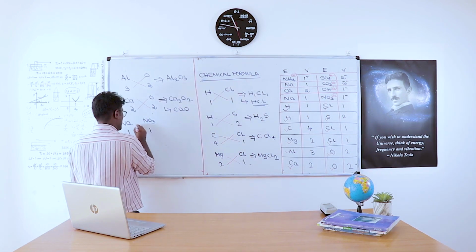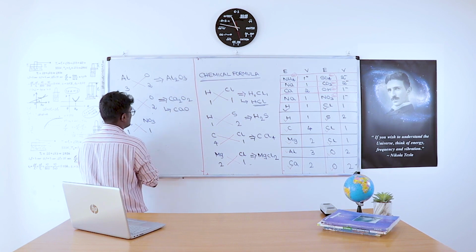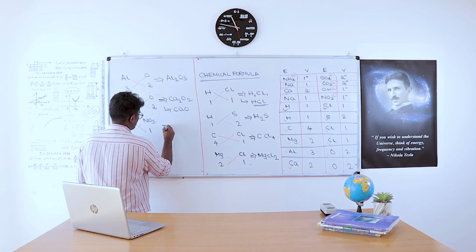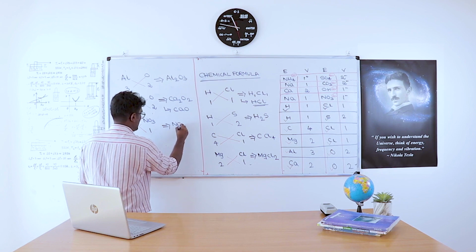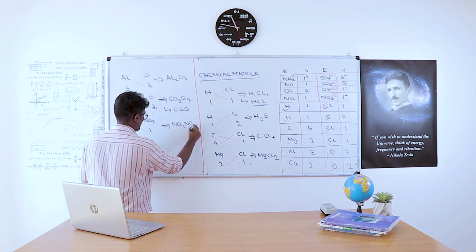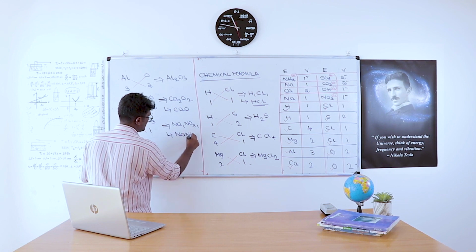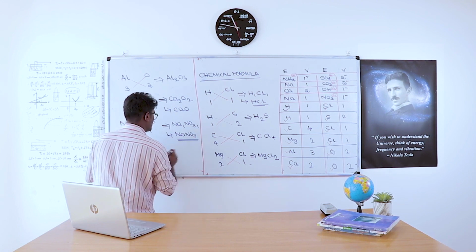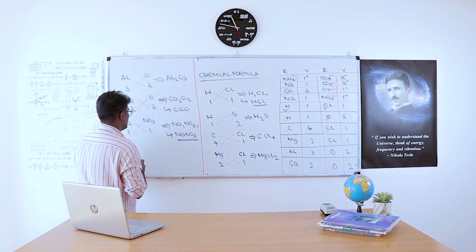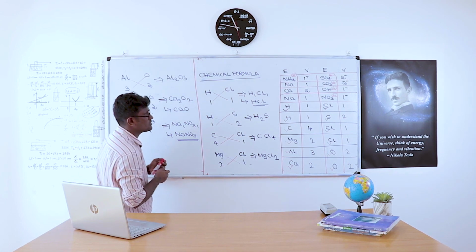So interchanging the valency, we get sodium nitrate as Na1NO3 1, which simply means NaNO3. The subscript 1 is not written. So sodium nitrate.